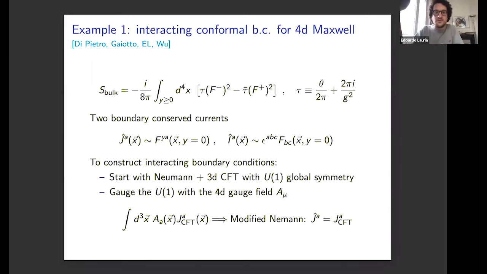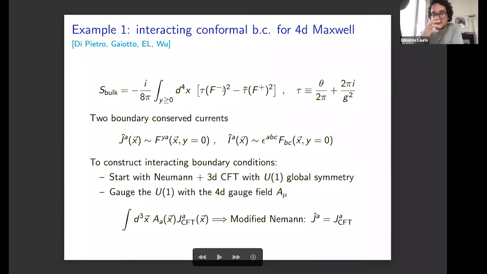This is an example that I studied in a paper in collaboration with these authors a few years ago. So here we're just taking the four-dimensional Maxwell field in a space with a boundary.